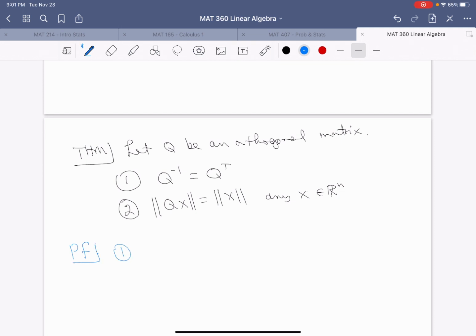So for one, I'm just going to sketch the idea of the proof here, but we'll hit all the major parts. So if we multiply Q transpose times Q, let's think about what that is. Remember that the matrix Q has columns Q1, Q2, until Qn.